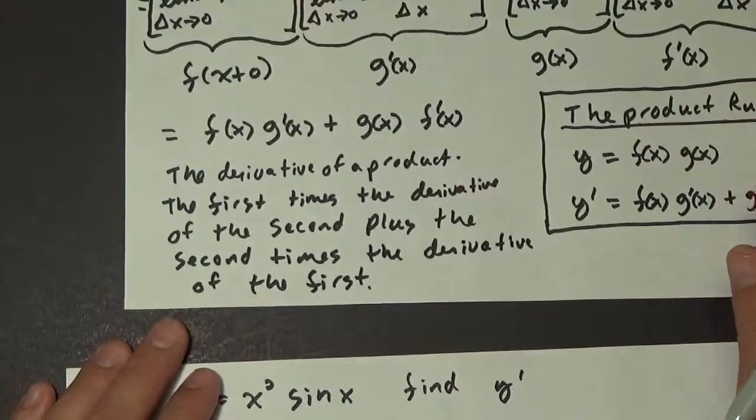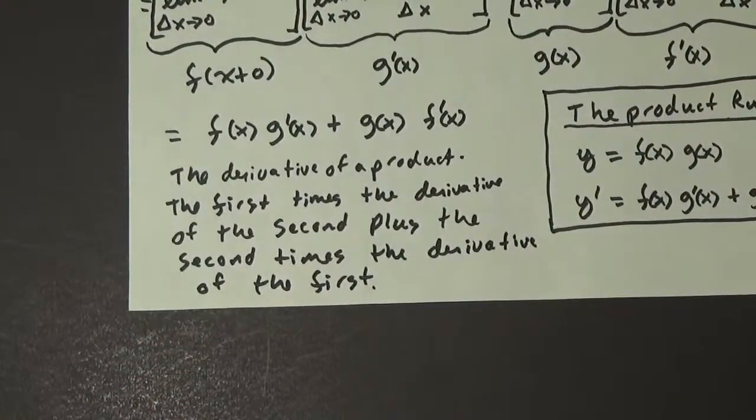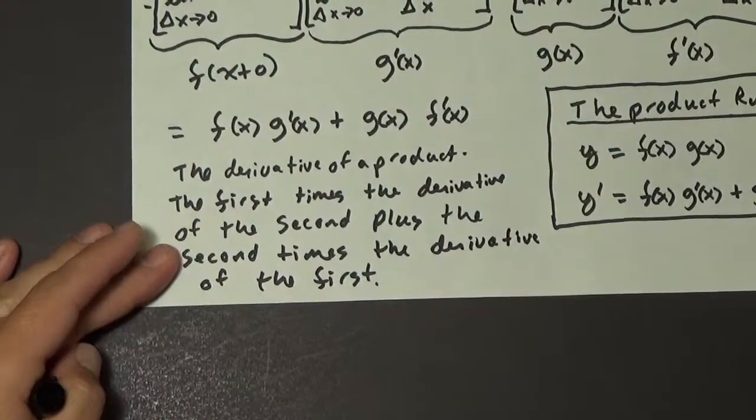Alright, so the first times the derivative of the second plus the second times the derivative of the first.